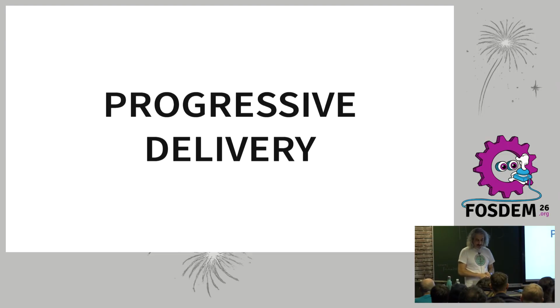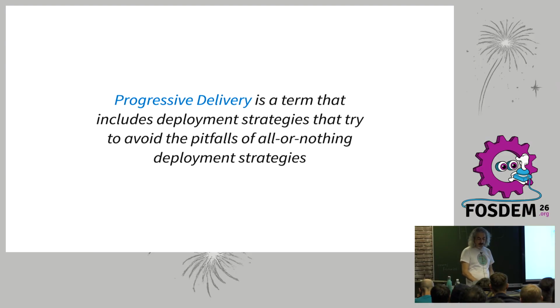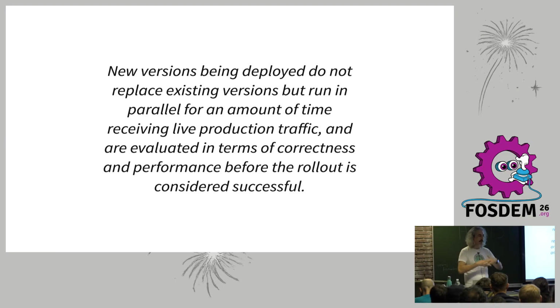So, progressive delivery. You have probably heard this term today or before, and this is just a name to group all these deployment strategies that try to do progressive changes to your production so you don't break everything at once. New versions get deployed, but they don't replace the existing versions.